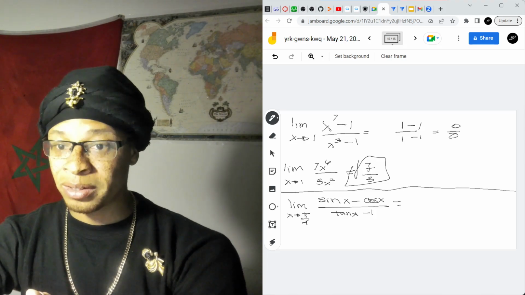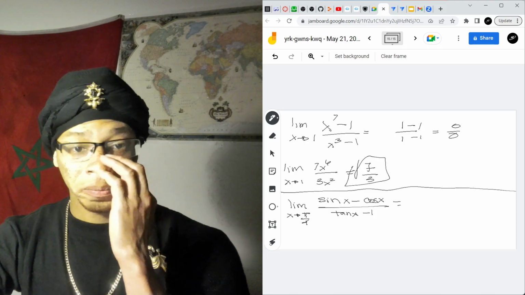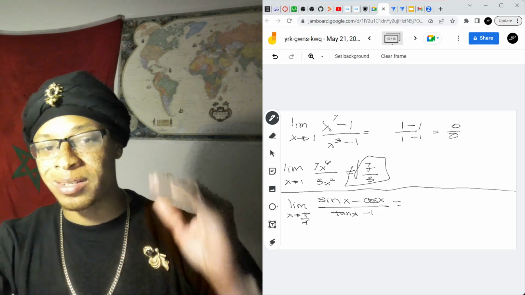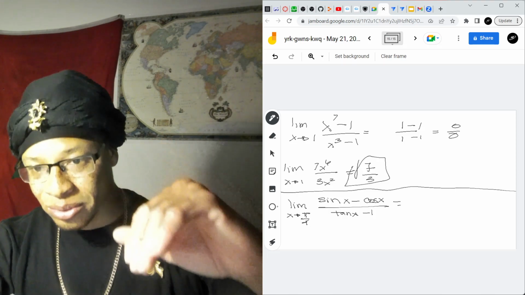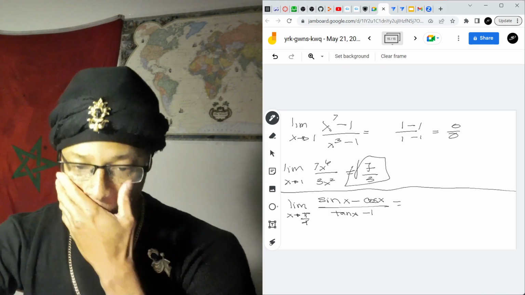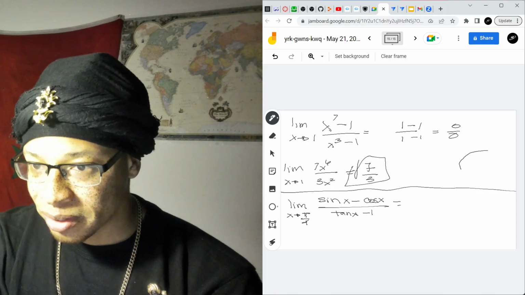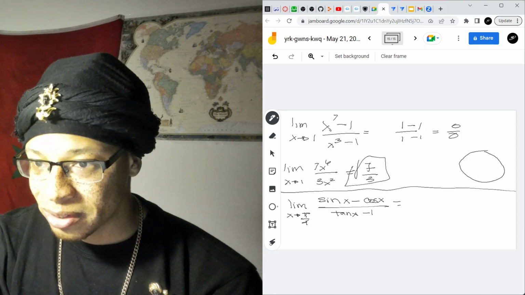Now we throw in pi over 4 to sine. Don't think too hard. Sine starts at 0, and at pi over 2, sine is at 1. Let's go ahead and draw this, which makes it easier for a lot of people. This is a unit circle.